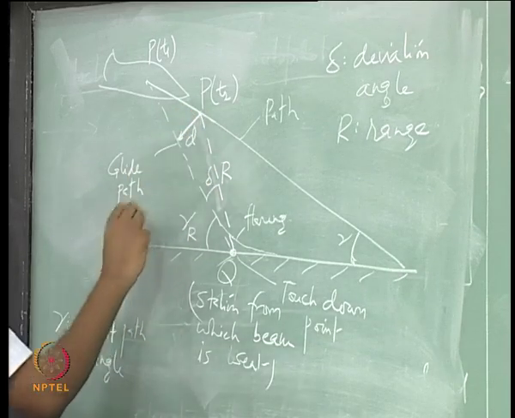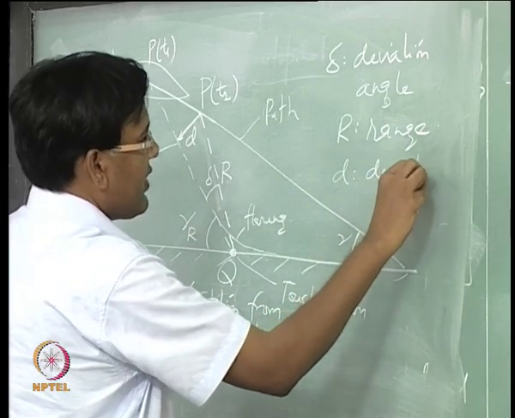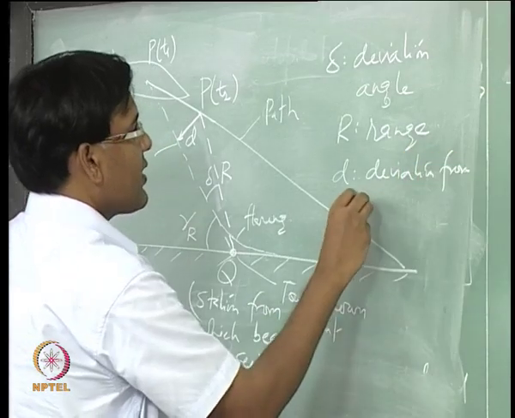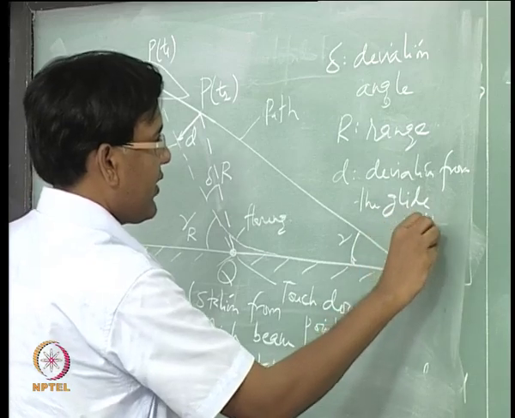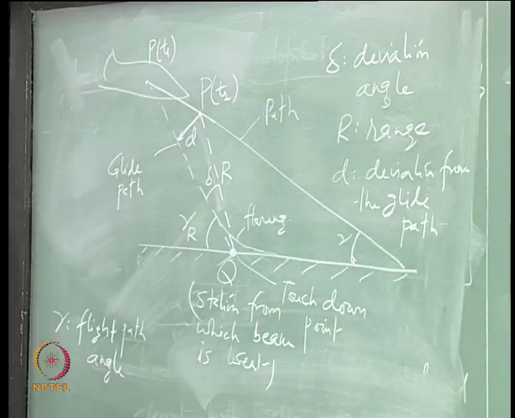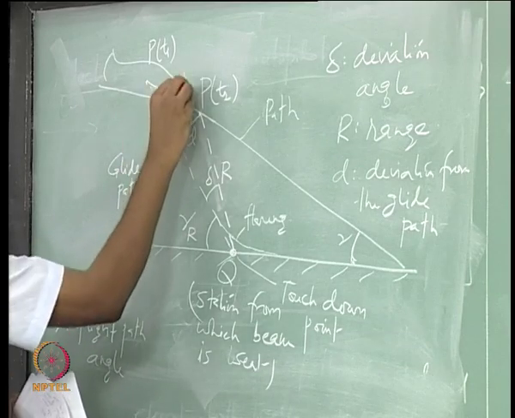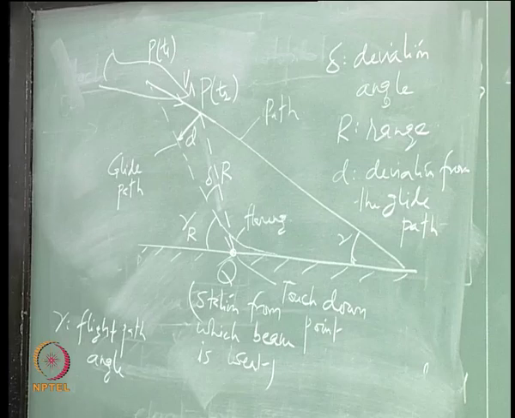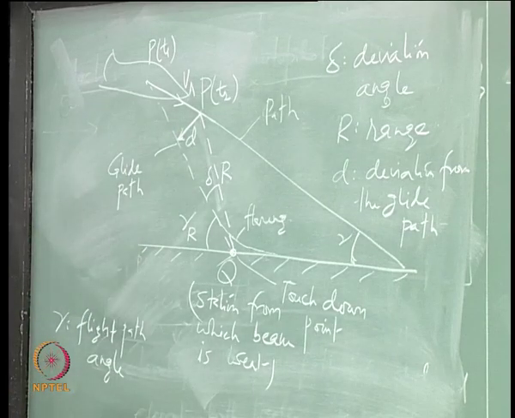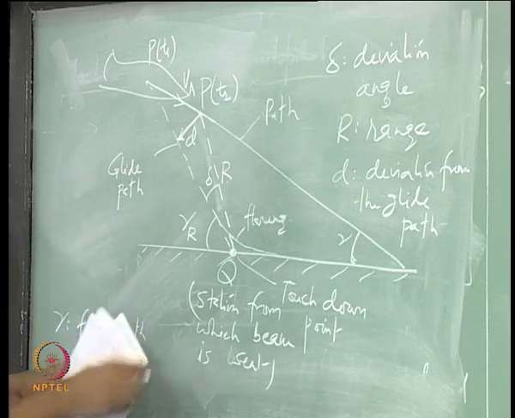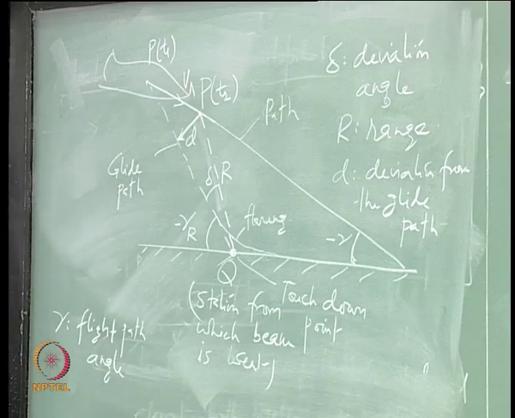This d is the deviation from the glide path. An aircraft is having some velocity V A on approach. Clearly both these angles are negative because I am trying to land the aircraft.